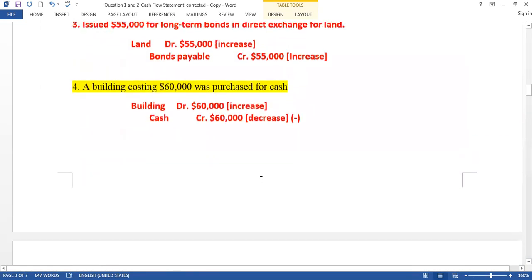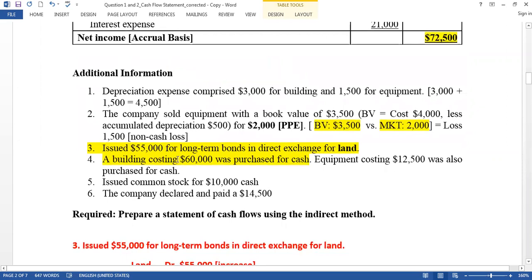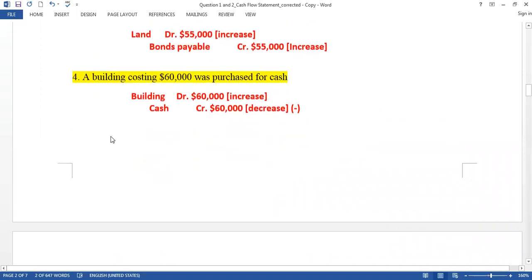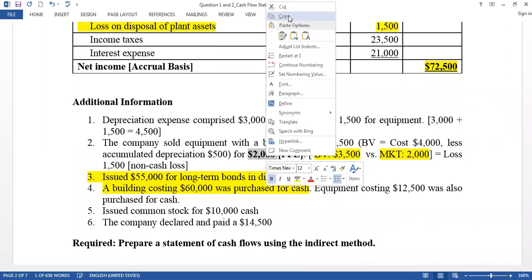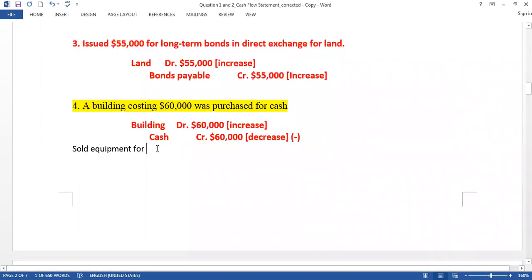Now, if you read the question, we have another equipment here. We sold equipment. What is the journal for sell equipment? The question said that we sold equipment for $2,000. So what is the journal for this?